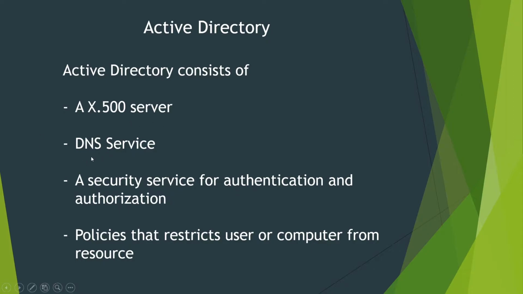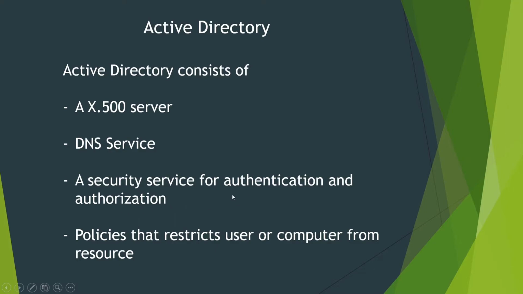Another component is the DNS service. You cannot remember the IP address of this domain controller, so that's why you will have the DNS service for the domain. If you want to contact another domain, you can just contact it with the name, the DNS name, like home lab.server. And a security service for authentication and authorization.